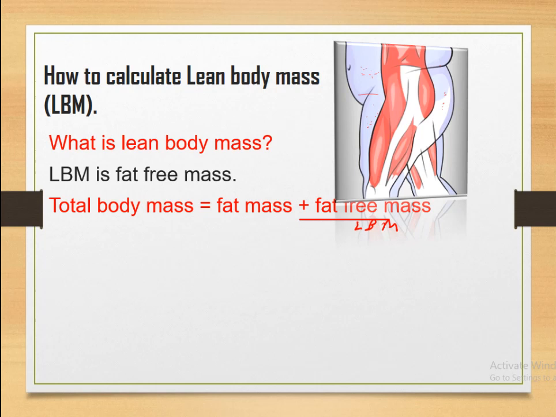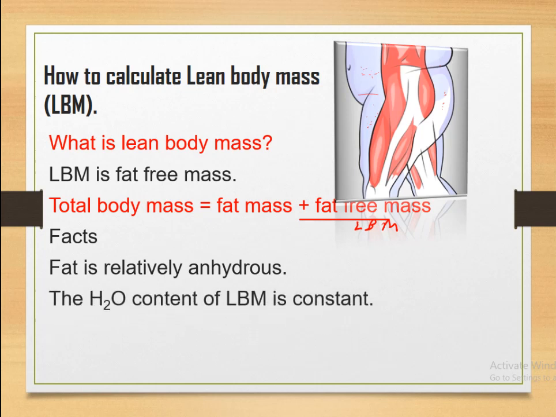So what are some of the facts that we need to look at? The first fact, like I said, is that fat is relatively anhydrous, meaning it does not conduct electricity, and it doesn't relatively mix with water. Those are the three components. Then the water content of lean body mass is constant.